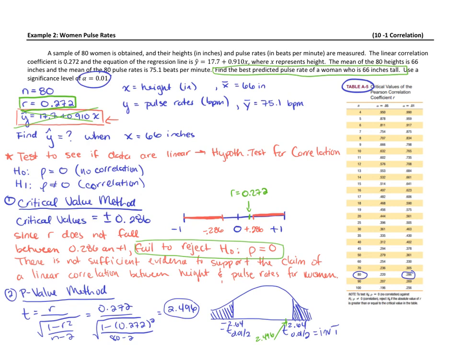So in this situation, the best predictor is going to be the mean of our sample pulse rates. Okay, so in this particular problem, we're told that the mean of the sample pulse rates is 75.1 beats per minute. So that would be our best predicted pulse rate for a woman who is 66 inches tall.